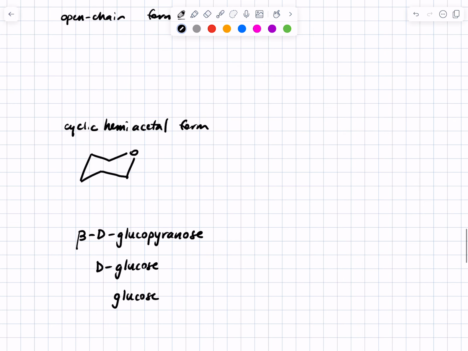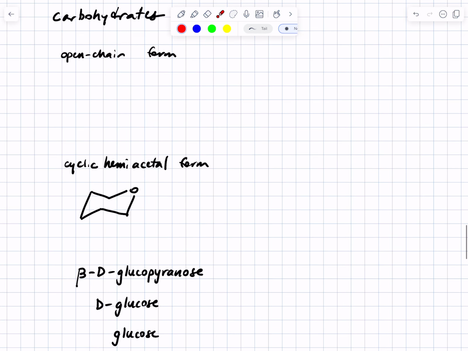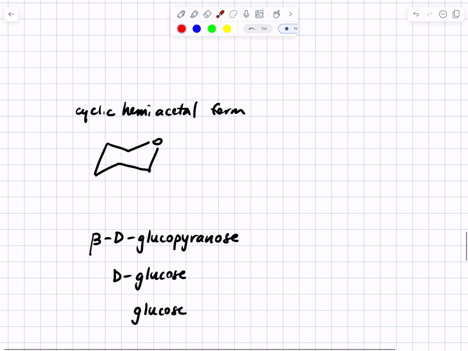Technically, D-glucose refers to the open chain form, and D-glucopyranose refers to the cyclic form. We will use them sort of interchangeably. I'll tell you what the beta and the D mean as we go along.